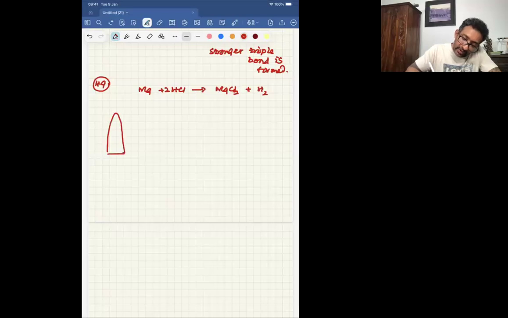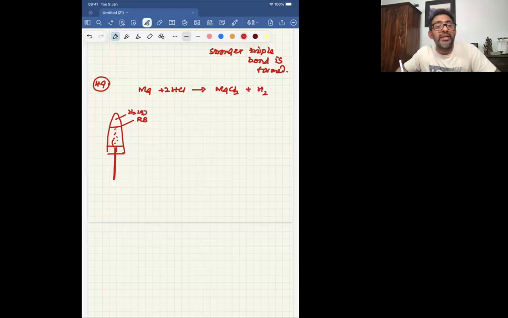There's a test tube where you attach magnesium with a rubber band, and then you add HCl, and it will collect hydrogen gas. You measure the time taken to collect 10 milliliters of hydrogen. The HCl and water values are given. Write the balanced chemical equation for the reaction between magnesium and HCl, already done. Calculate the order with respect to H+.